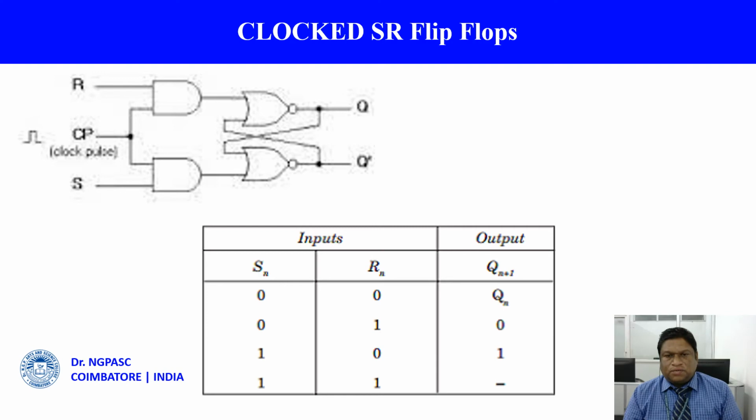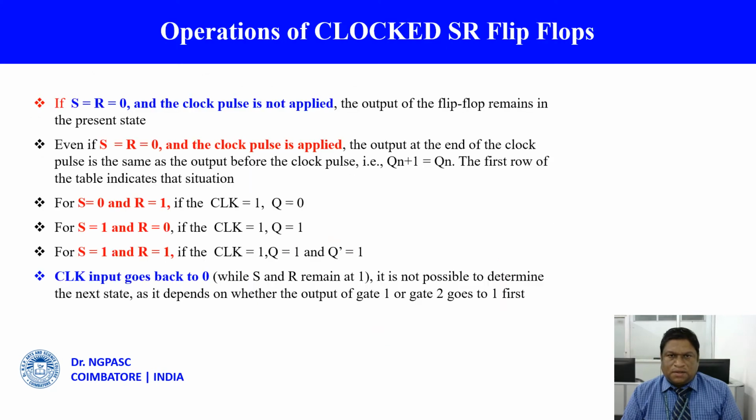If reset is 1 and set is 0, we will have the Q value as 0. Similarly, when we have a set value 1 and the reset value 0, you have a set value, and for 1 1 here again it is not an allowed state. Okay. So again the summary is given here.